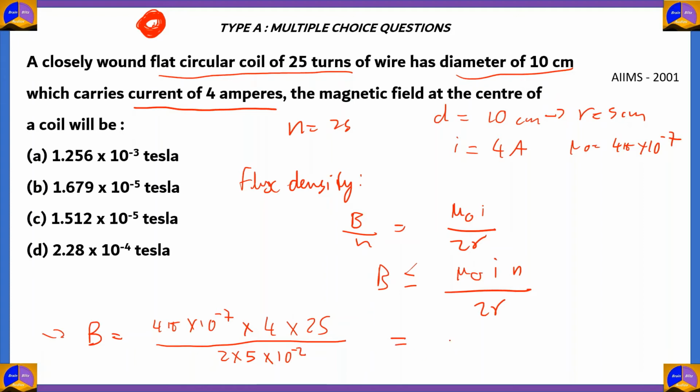So in this case, what we'll get is the magnetic field is equal to 4 pi into 10 raised to minus 7 into 100, and then divided by 2 into 5.